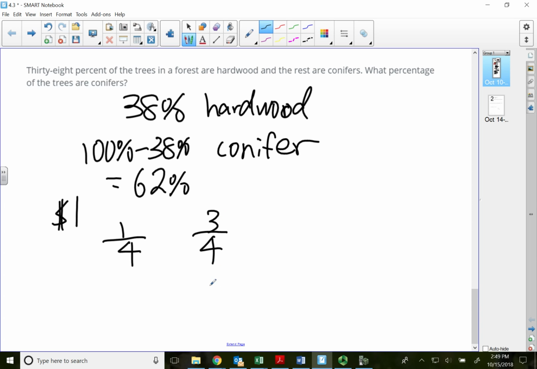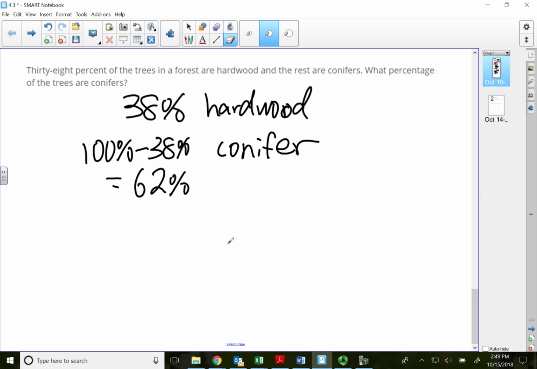So the 3/4 is the complement to 1/4. Give me a quarter, that means you end up with 3/4, because you take the whole thing, $1 minus the quarter, then the rest of it is what you got. So if 38% is hardwood, then the rest of it, which is 62%, has to be conifer, because the two numbers are complements of each other.